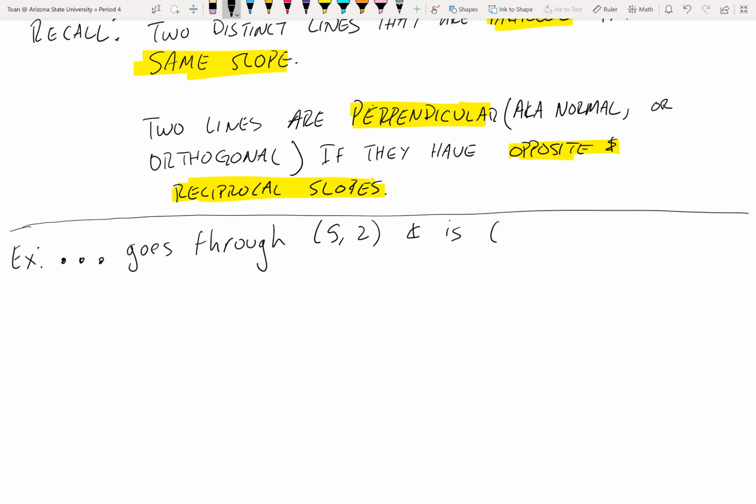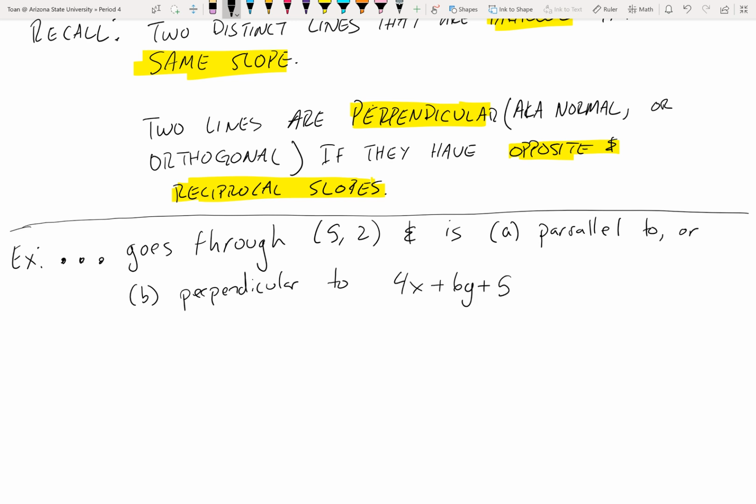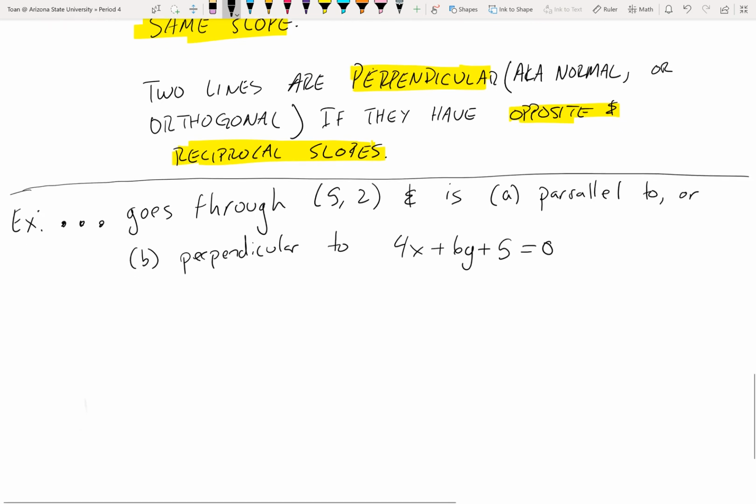And here's the killing two birds with one stone: Part A, parallel to, or part B, perpendicular to, this equation, 4x plus 6y plus 5 equals 0. Okay. So basically one problem, but we're going to do both, the parallel and the perpendicular one.